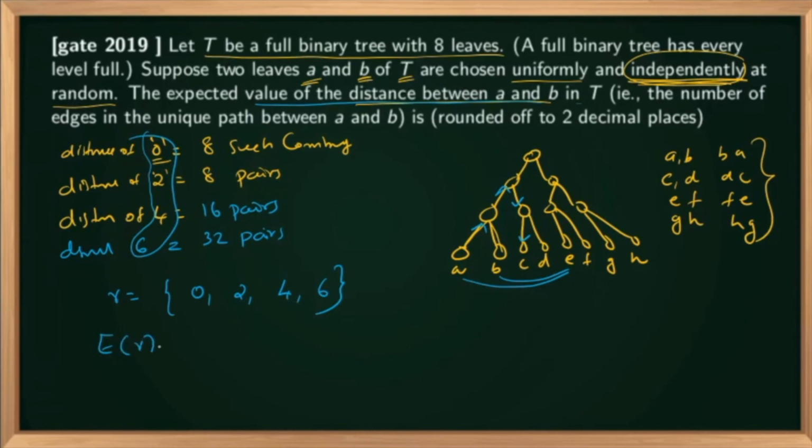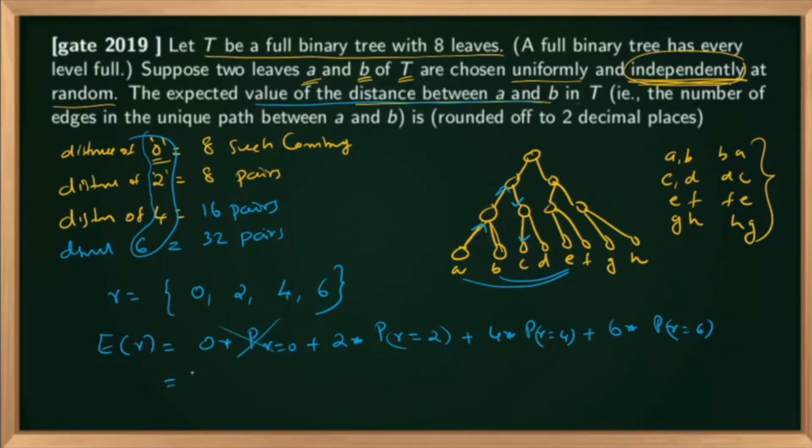Expectation of R will be equal to 0 times the probability of R equal to 0, plus 2 times the probability of R equal to 2, plus 4 times the probability of R equal to 4, plus 6 times the probability of R equal to 6. The 0 term you don't need to calculate.